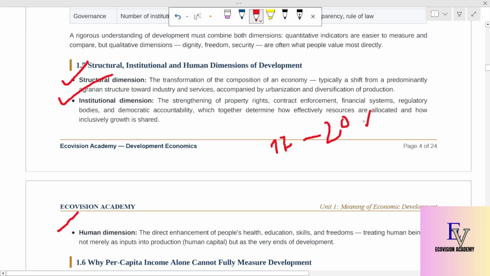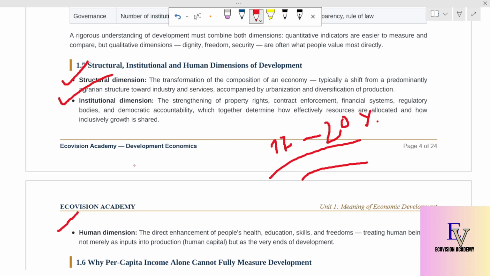Okay, nowadays 17 to 20%. But if you look at the data from our past, in the 1980s or 1960s, we can see that most of the contribution in national income was given by the agricultural sector.